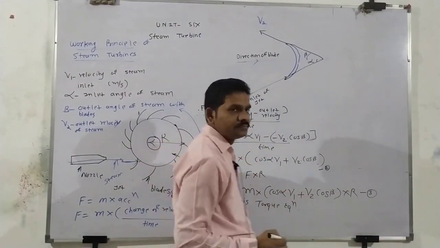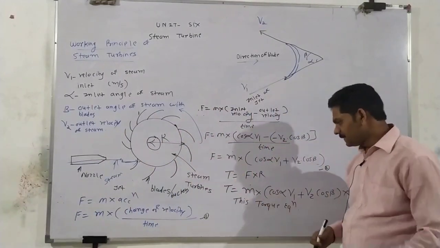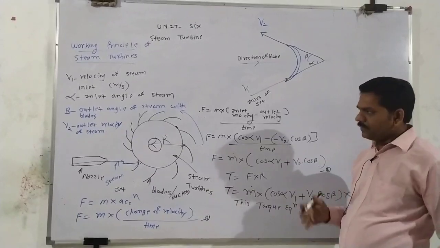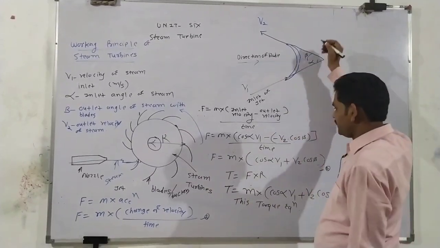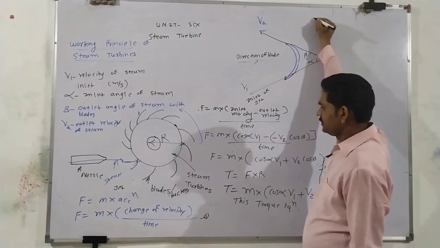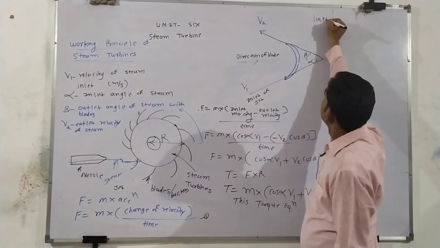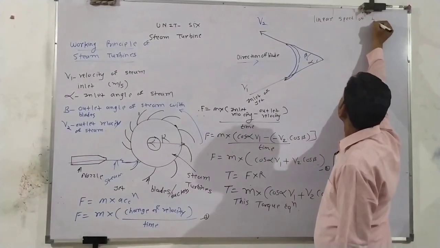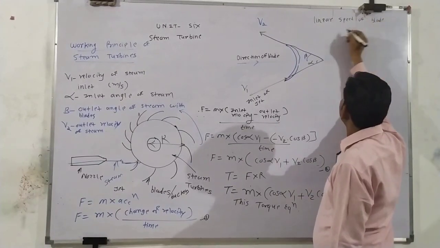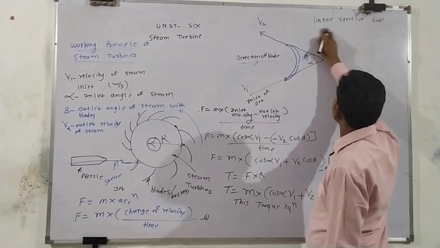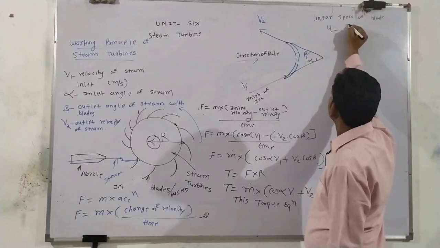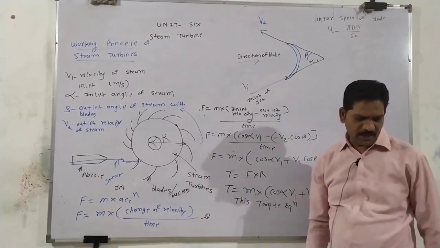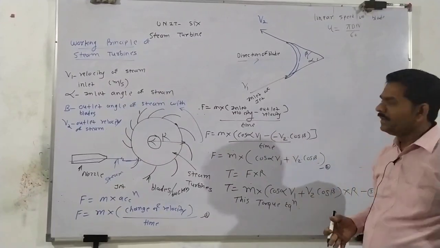Then after the torque equation, we have the linear speed of the blades. This speed is calculated by small u is equal to pi dn by 60. Simple formula, u is equal to pi dn by 60.